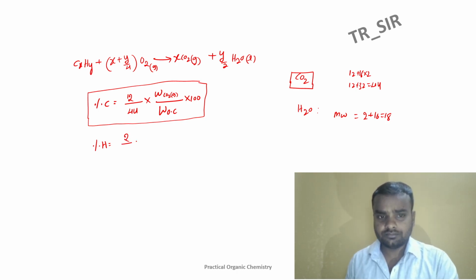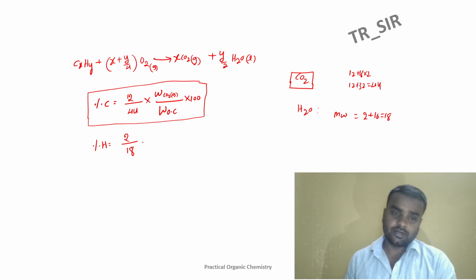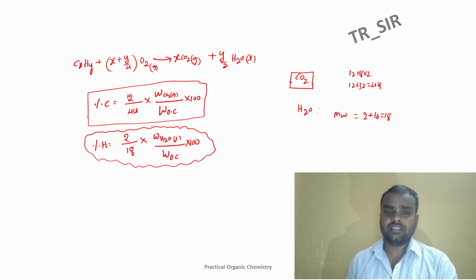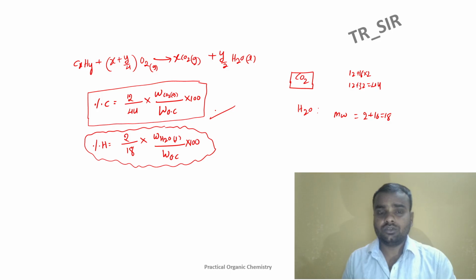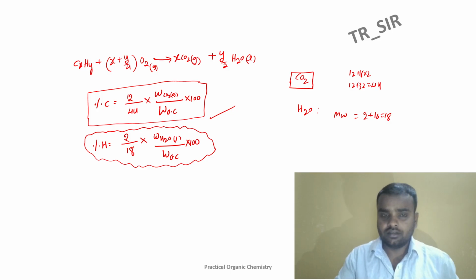That means 2 by molar mass 18, into weight of H2O liquid divided by weight of organic compound into 100. If you do like this, we will get both the carbon percentage as well as the hydrogen percentage.